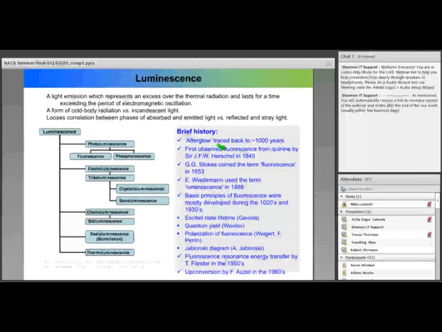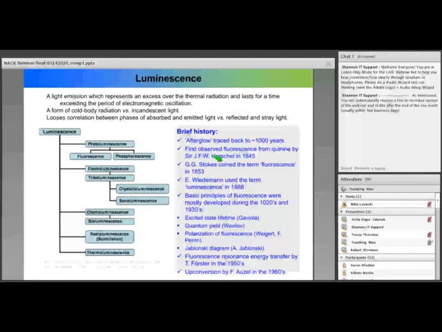For instance, fluorescence was first observed from quinine in 1845, and then Stokes coined the term fluorescence in 1853. We will talk about what the Stokes shift is, for those of you who use Raman spectroscopy, you know that, Stokes and anti-Stokes. And then in 1888, the term luminescence was first used.